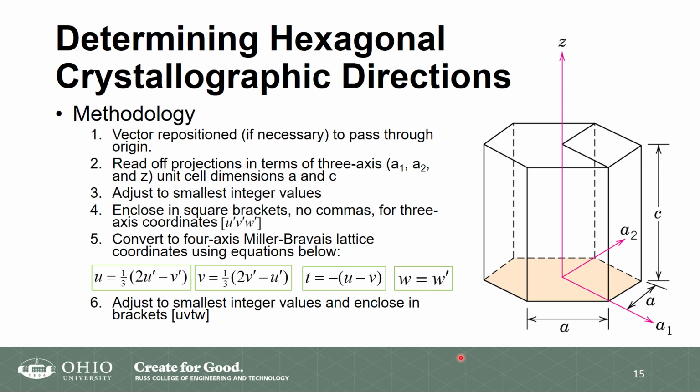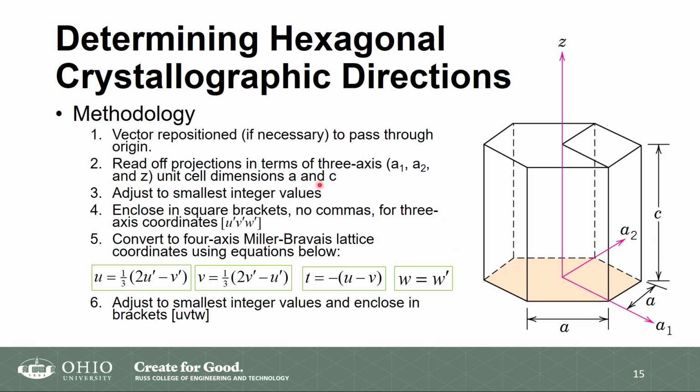One way to do this is to follow the same methodology we followed for a cubic unit cell, where we start by repositioning the vector to pass through the origin, and then we read out the projections based on the axes that were given: a1, a2, and z, which are related to the lattice parameters or lattice constants for the hexagonal cell, a and c. So we find the projection of the vector in terms of a and c.